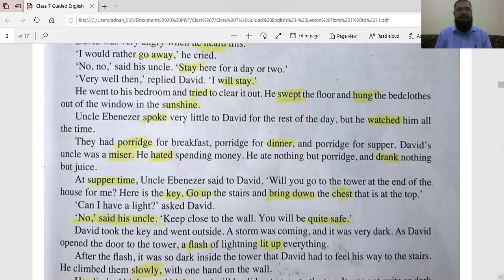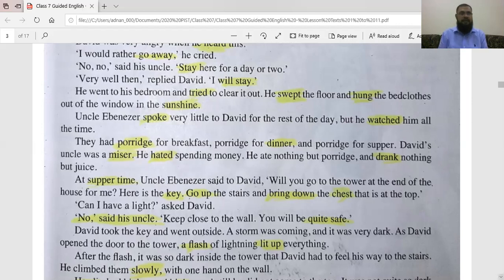At supper time, Uncle Ebenezer said to David, "Will you go to the tower at the end of the house for me? Here is the key. Go up the stairs and bring down the chest that is at the top." Chest is like a box.